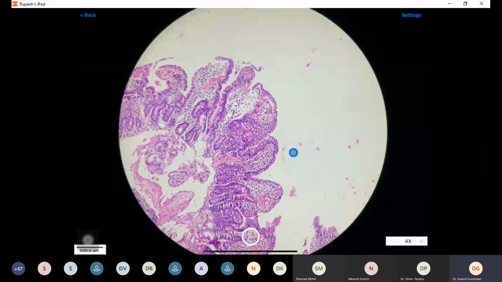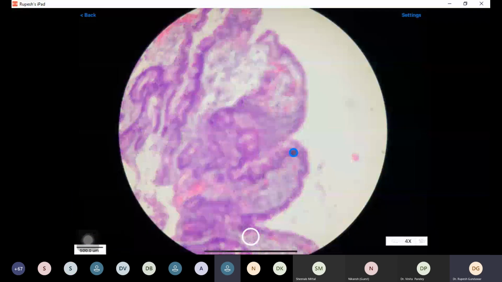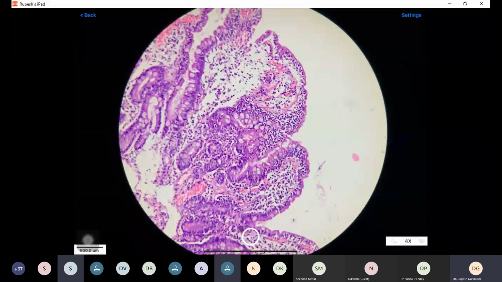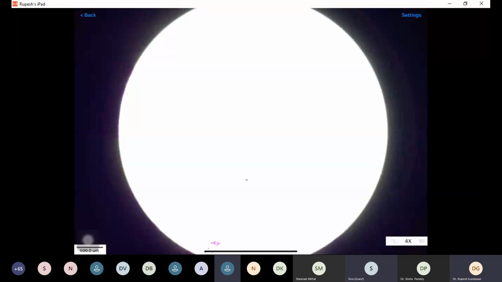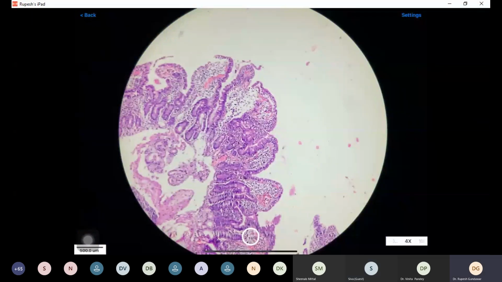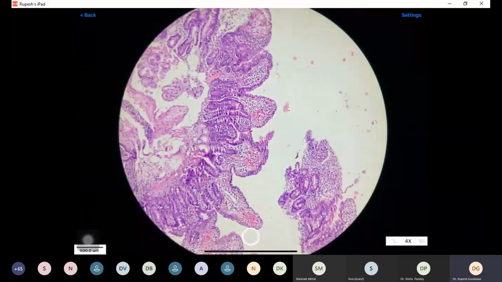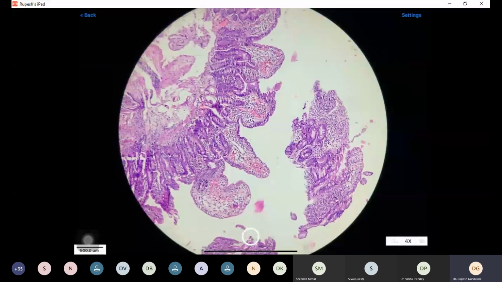Okay, so is there no other possibility? Tropical sprue. Okay, tropical sprue. So can you diagnose tropical sprue through this biopsy, or do you want to have some more information?